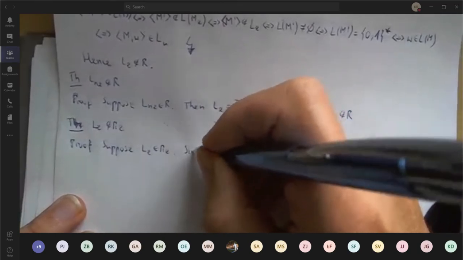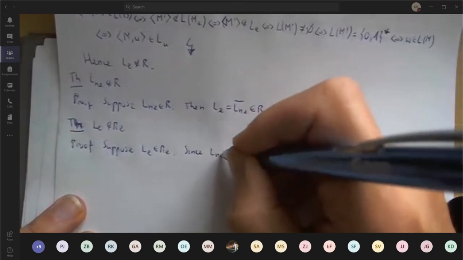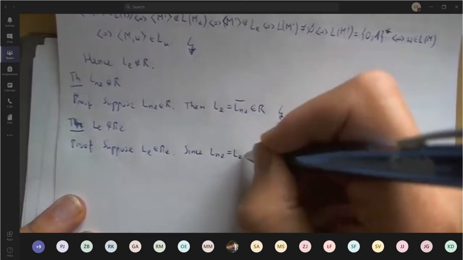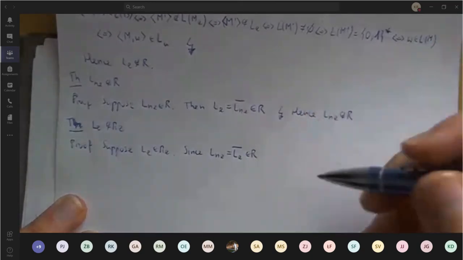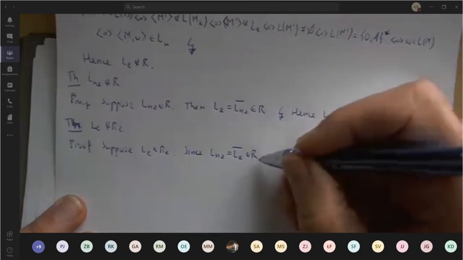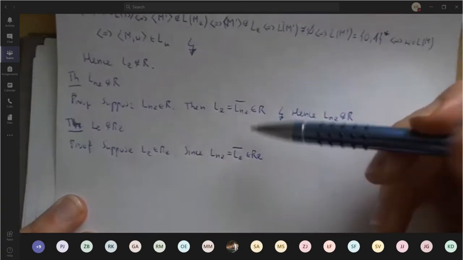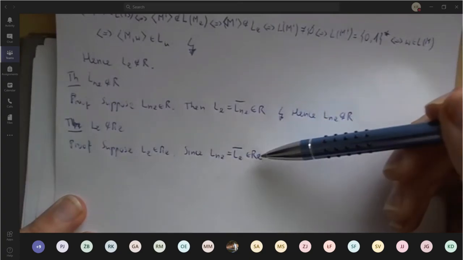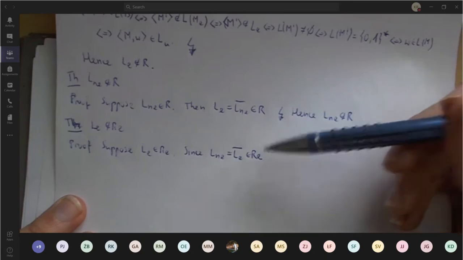Okay, since its complement is recursive, and we know that if the language and its complement are recursively enumerable, then in fact it is recursive, we get the contradiction.